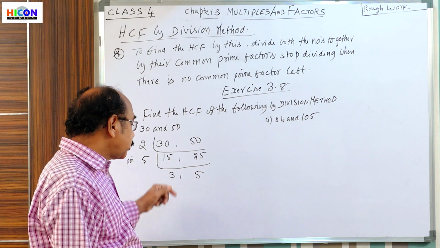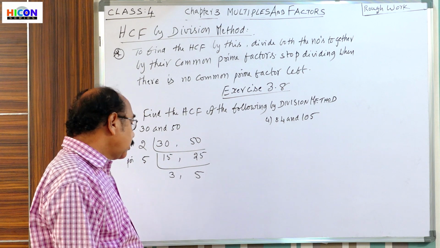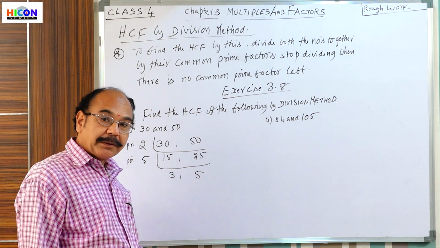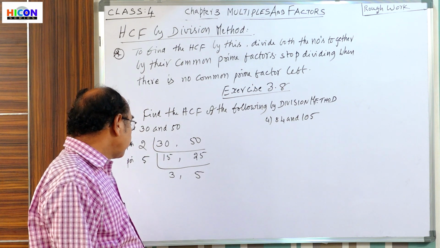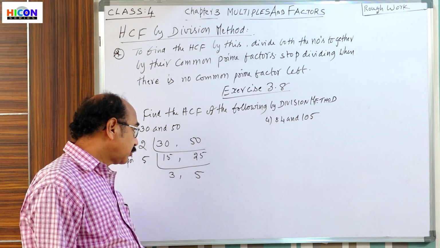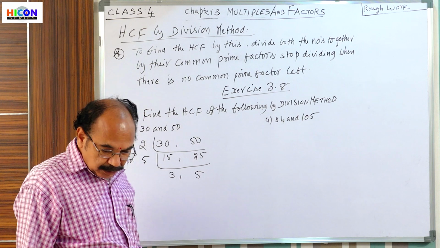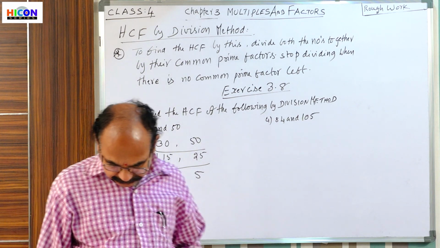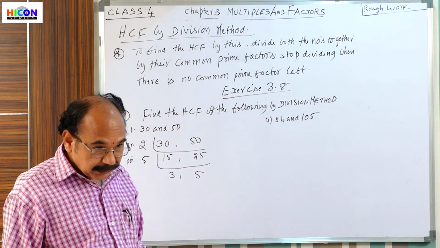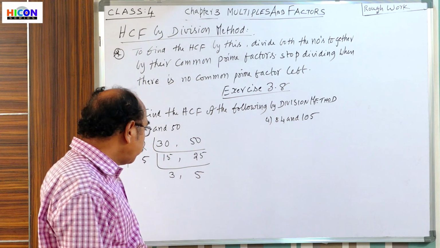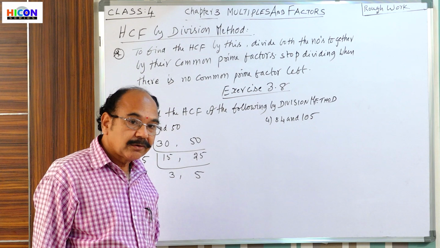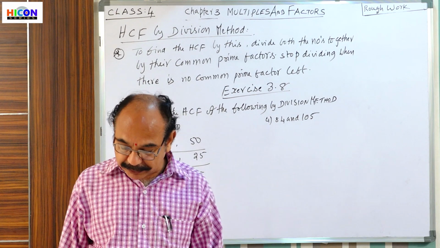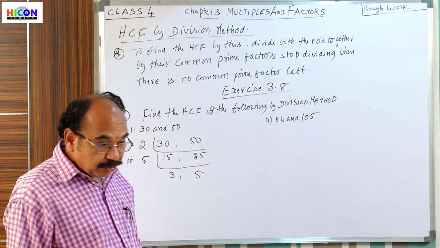Now in the two numbers, is there any common prime factor? There is no common prime factor in the two numbers. That's why, what are the common prime factors here? 2 and 5.